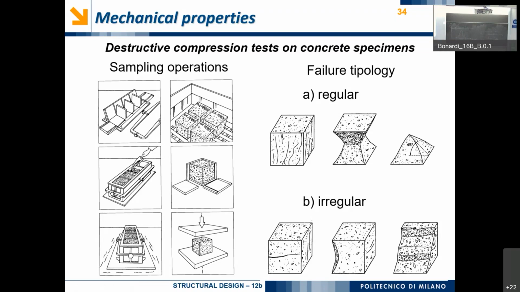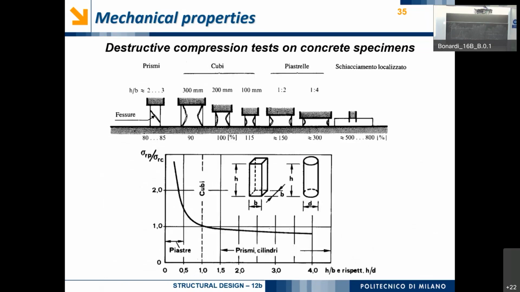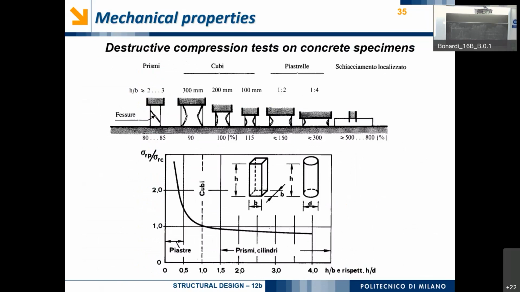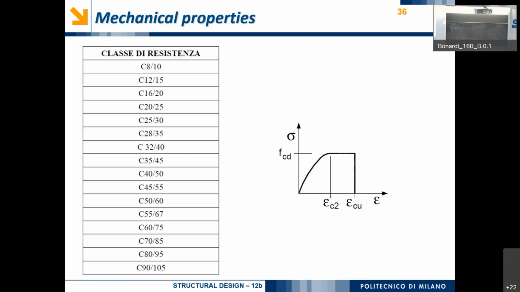If it is a regular one, so basically symmetric and pyramidal, or an irregular one. Okay, and this is just to stress that depending on the geometry of the samples, also the level of stress will vary. But it does not mean that the material is less or more stiff, it just means that geometry has a role. But it's not very important.